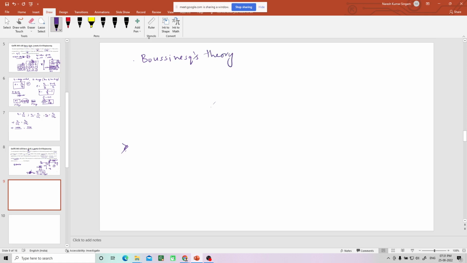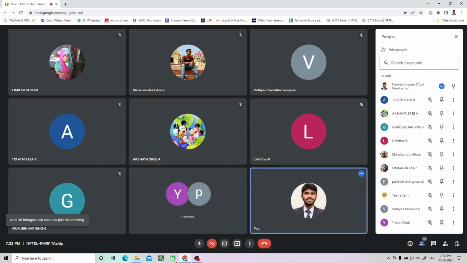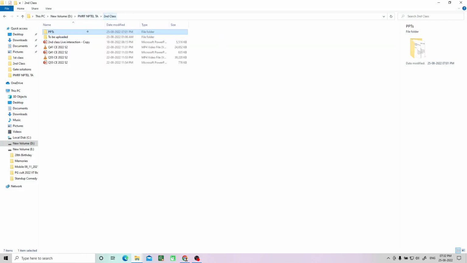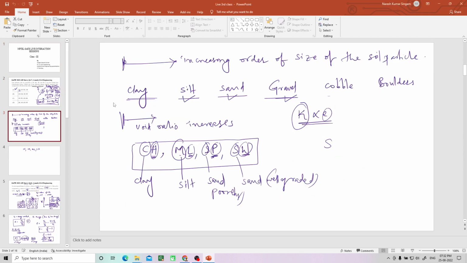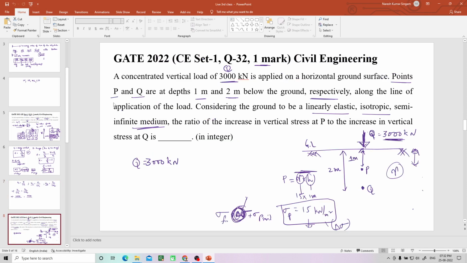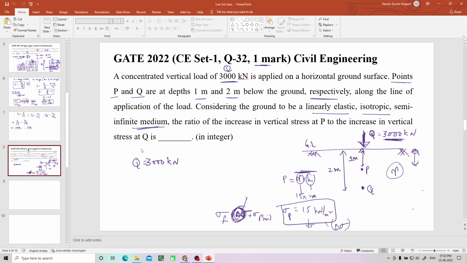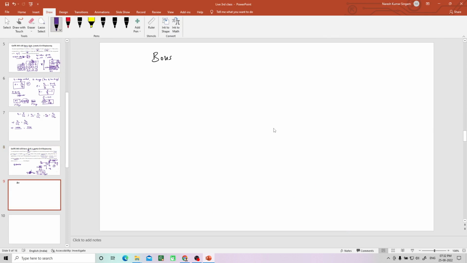According to Boussinesq's theory, some assumptions are there, the same ones given in the question: the soil is homogeneous, semi-infinite, isotropic, and elastic, and the load should be a point load.